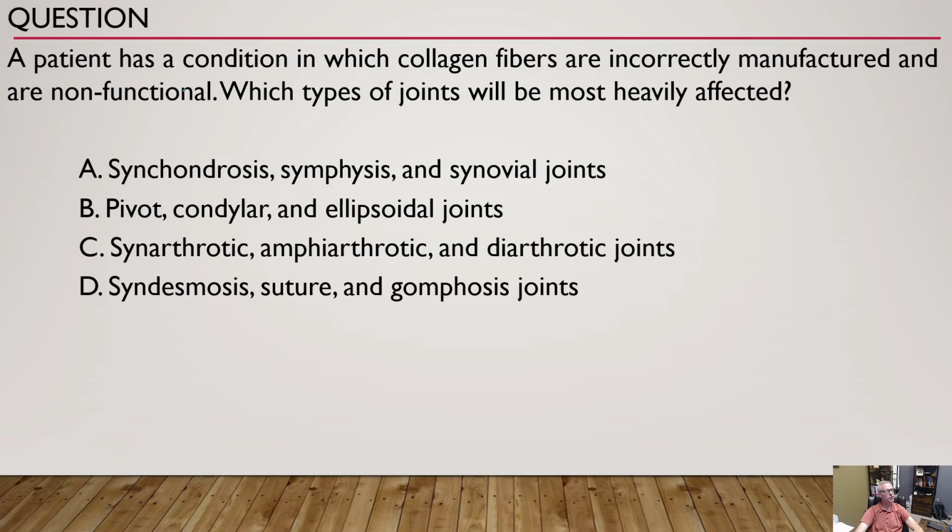All right, a patient has a condition in which collagen fibers are incorrectly manufactured and are non-functional. What type of joints are going to be most heavily affected? Now, first we have to go back to collagen fibers. What joints are made up of collagen?